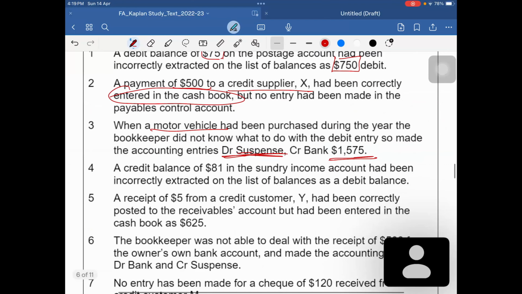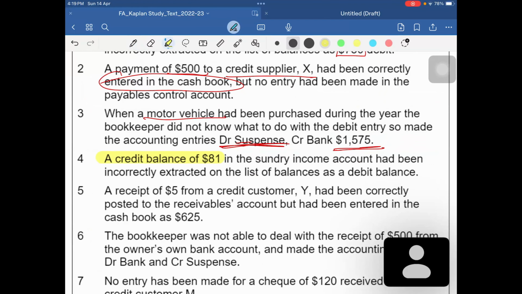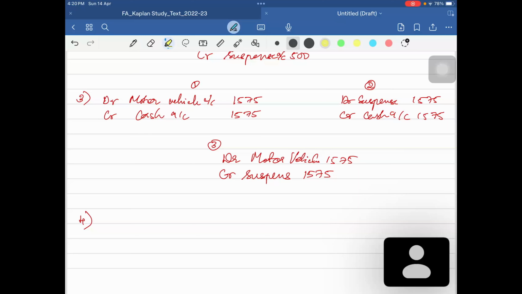A credit balance of 81 in sundry income had been incorrectly extracted on the list of balances as a debit balance, right? So what happened? What is the double entry? Anyway, you need to understand, you need to credit sundry income, right?